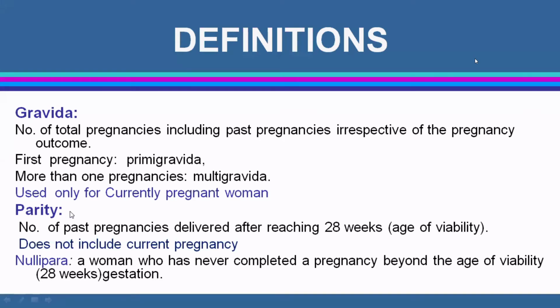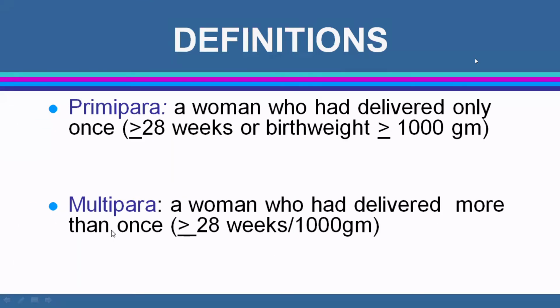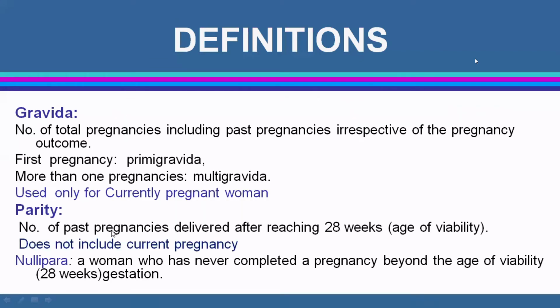And parity is used for all women, currently pregnant and not pregnant. So what is parity? It is the number of past pregnancies. Okay, remember that it is the past pregnancies delivered after reaching 28 weeks of gestation. You have to remember this 28 weeks of gestation because this is the age of viability taken in our country. If you look into your book, it may be 22 weeks as recommended by WHO, or it may even be 20 weeks.